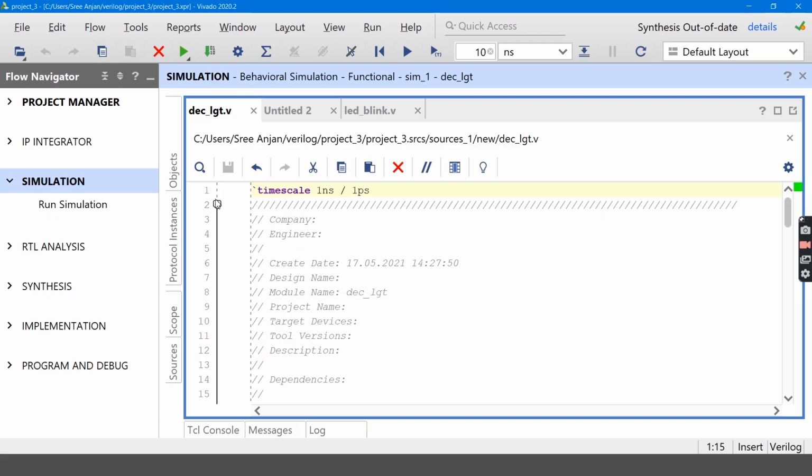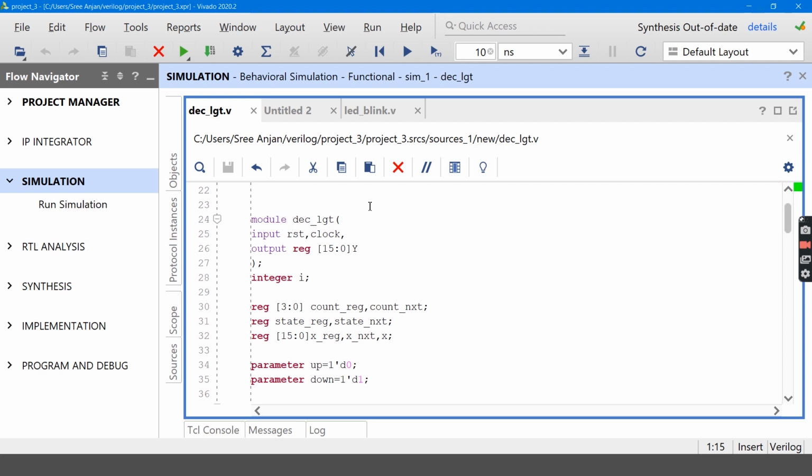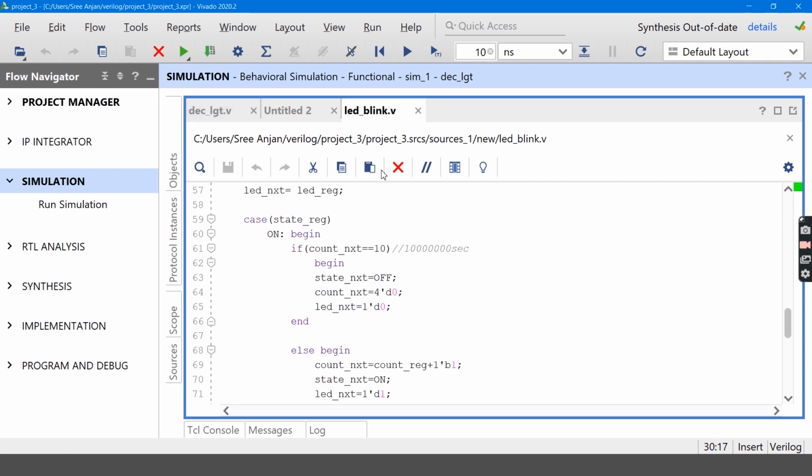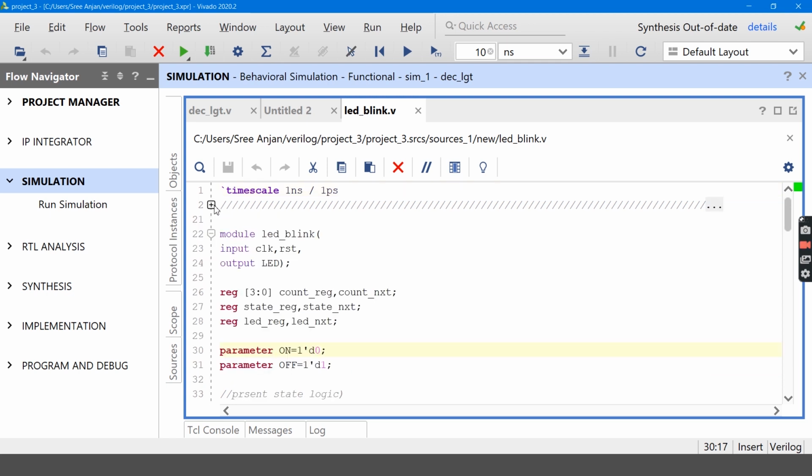Here is my code for decoration lights, and here is the module. I declared decoration_lgt, and here I gave the inputs, that is reset RST and clock, and the output, that is a 16-bit output Y. If you observe my previous LED blink video, I took similar inputs, but the output was a single bit.